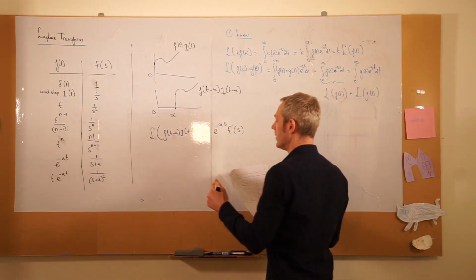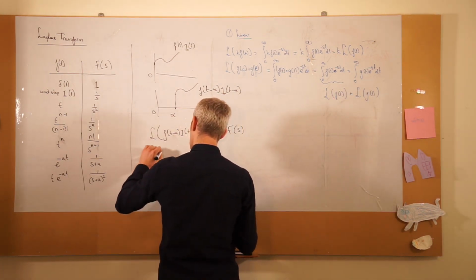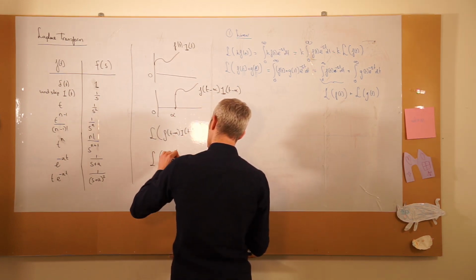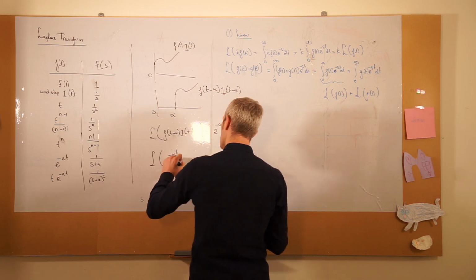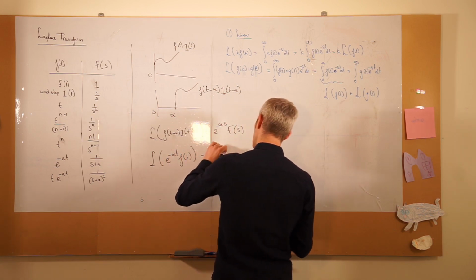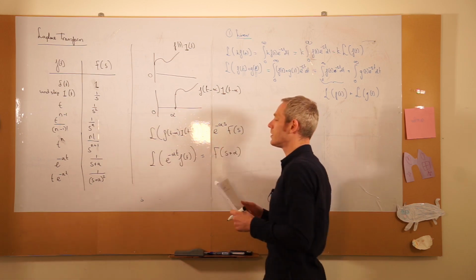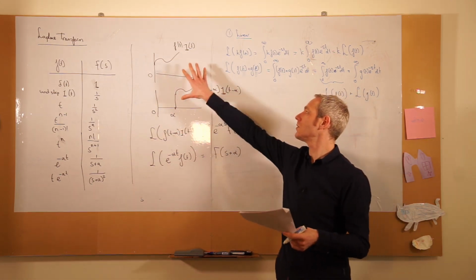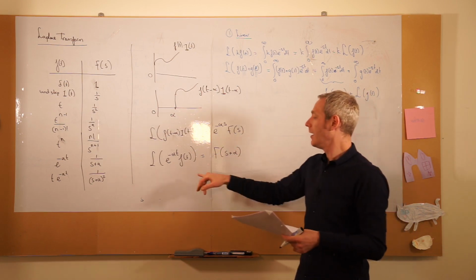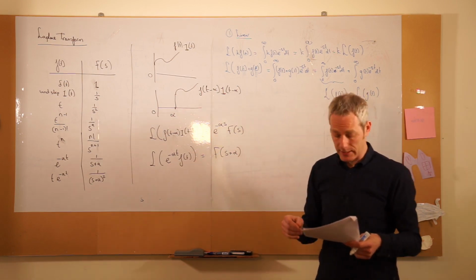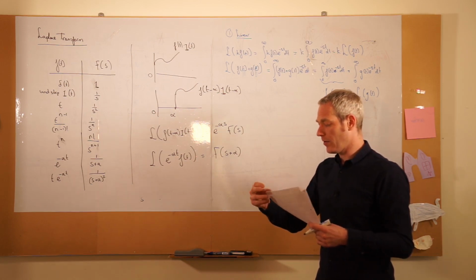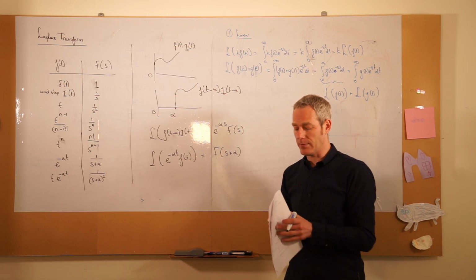And if we multiply our function with an exponential of e to the power of minus alpha t, we end up with F(s plus alpha). So a shift in time domain, and a shift in the s domain, yields an exponential in front of our F, or F multiplied by an exponential.